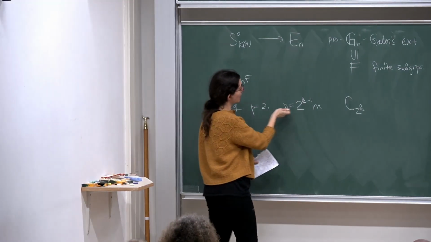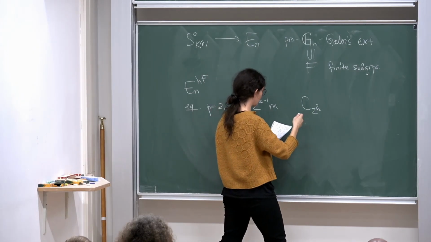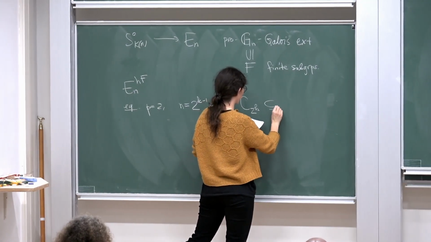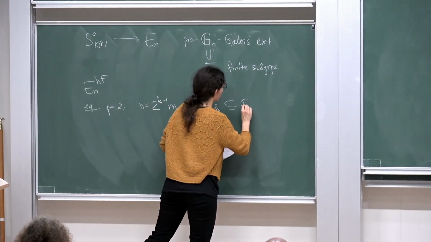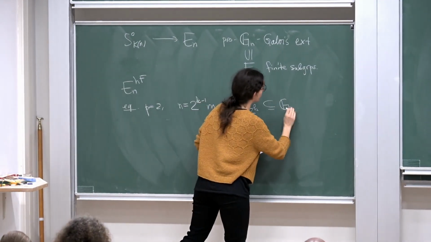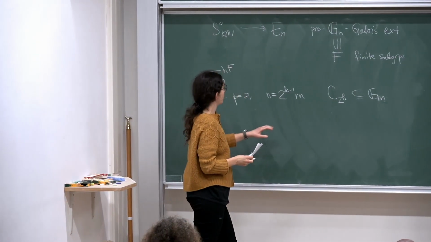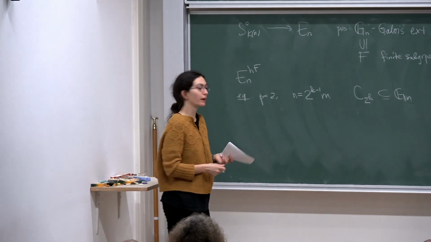So let's just say there are, in this case, no matter what, there is a finite subgroup that's cyclic of order 2 to the k. Not much more than that, okay?